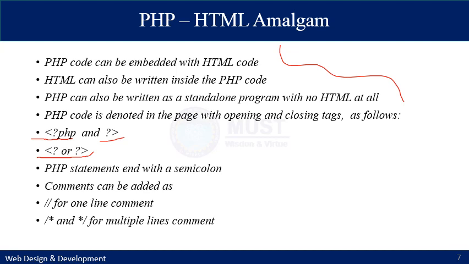Another important consideration is that PHP statements end with a semicolon. That means to end each statement you have to write a semicolon. You can add comments like in any other language. For example, for a single line comment you can use double slashes, and slash asterisk for multi-line comments.